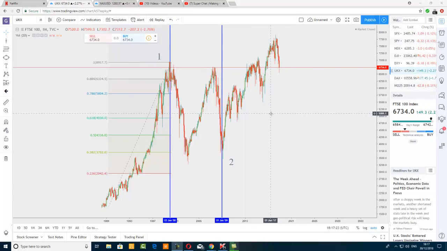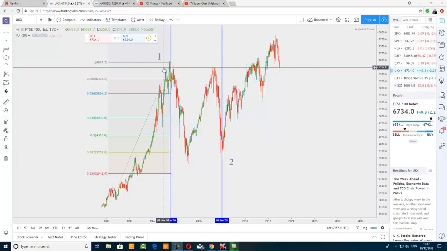But there is another verification that we taught traders: if you are labeling anything a third wave, and it fails to go above the 138.2% Fibonacci extension level of a prior impulse wave, in this case above the 138.2% Fibonacci extension level of the first wave, that cannot be called a third wave.